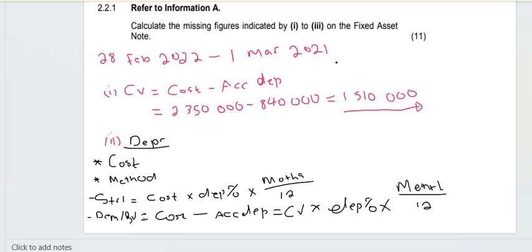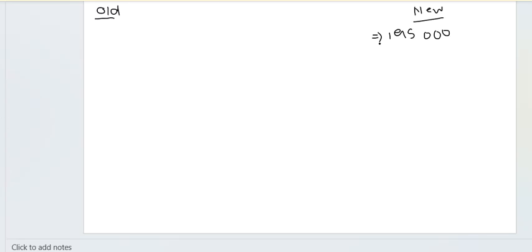We just times by 10% and we will get 19,500. But 19,500 is equivalent to 12 months.